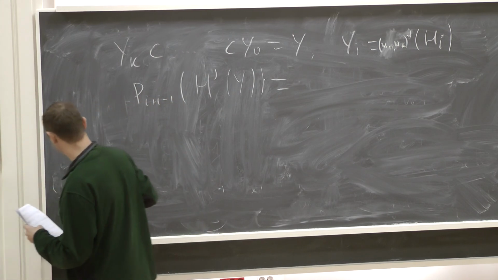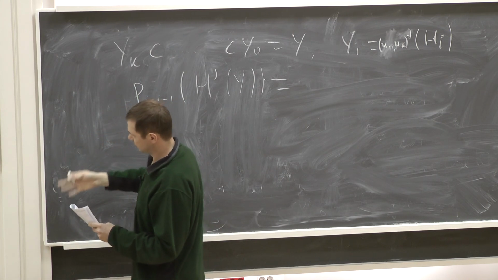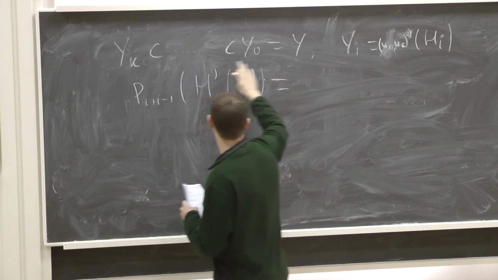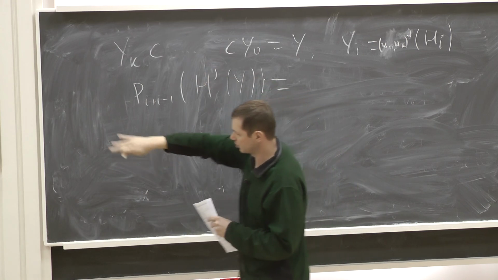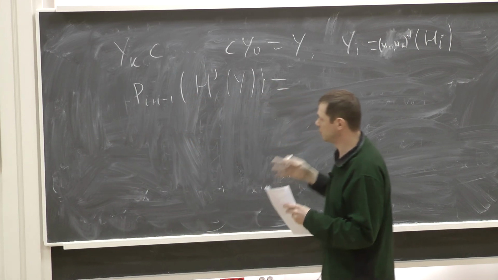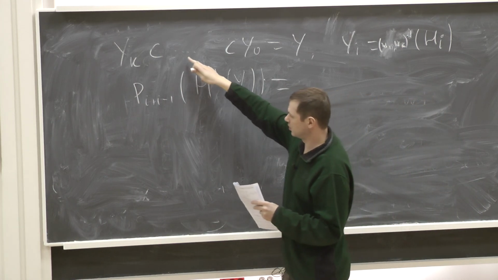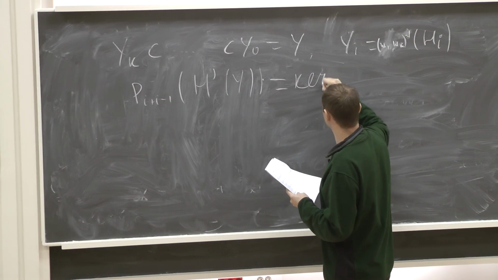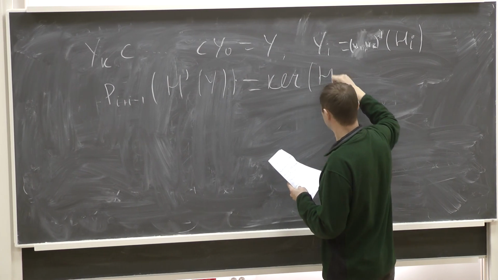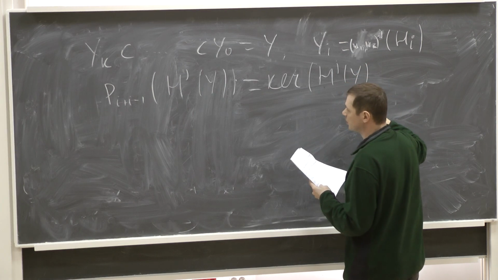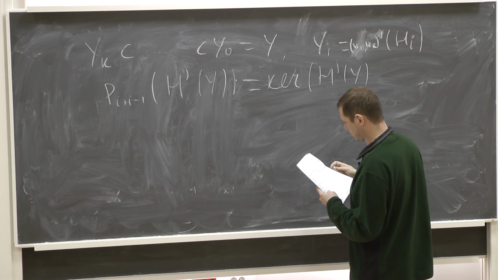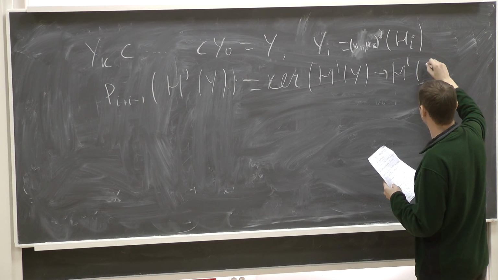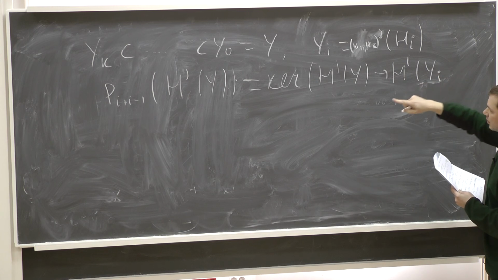We have a flag on Y, the preimage of the flag on the base, and we can restrict cohomology from Y to each Y_i: the kernel of H^j of Y to H^j of Y_i.